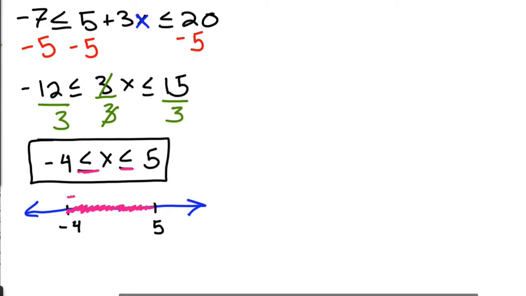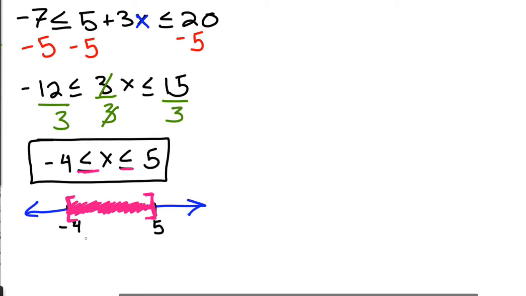So that means that they both would have brackets. Now, if that equality was missing, then you would use parentheses. But since it's included, we would use brackets. So that's my solution. And on the discussion board, you can use the highlight tool to mark that.